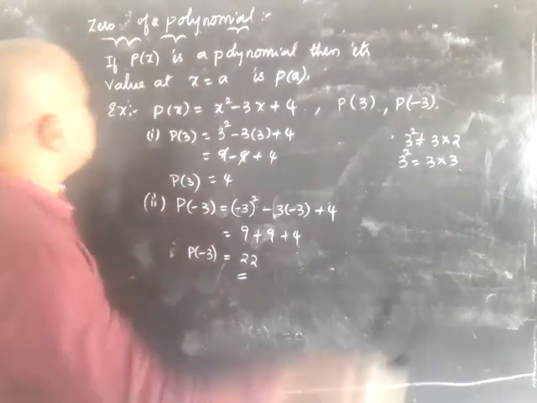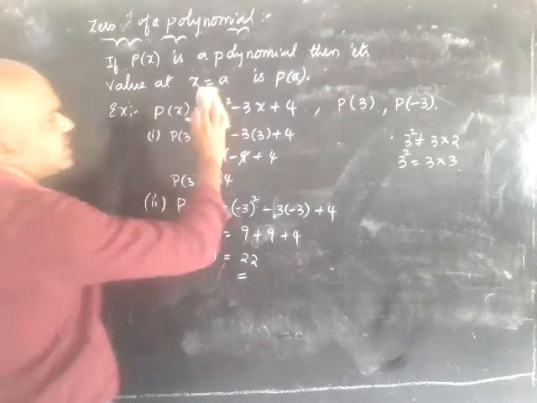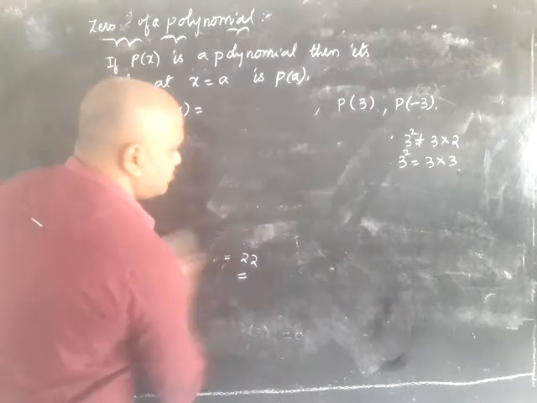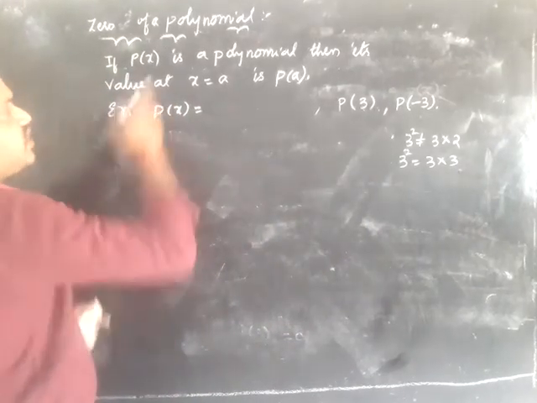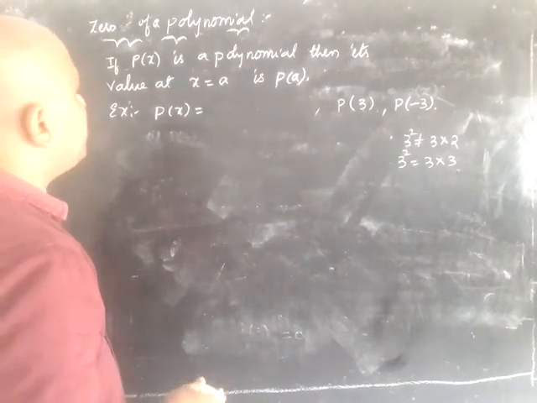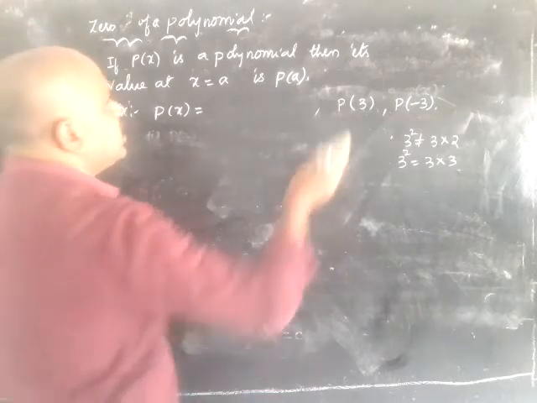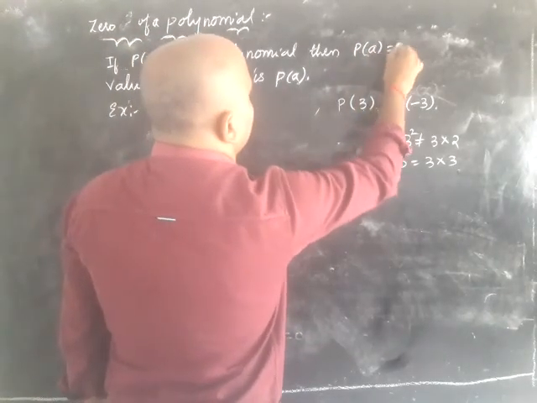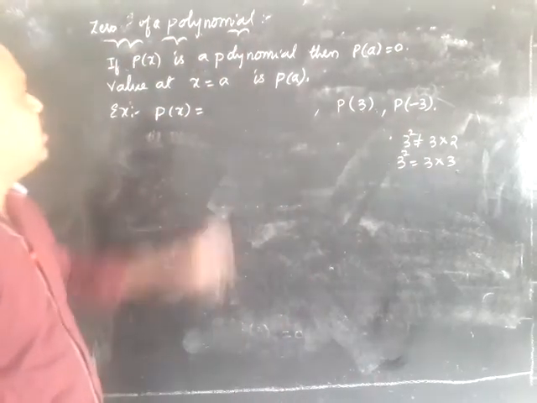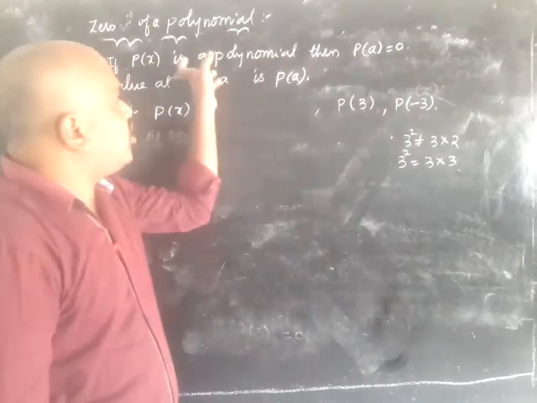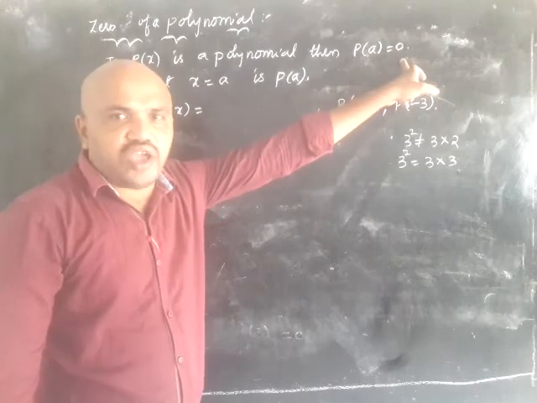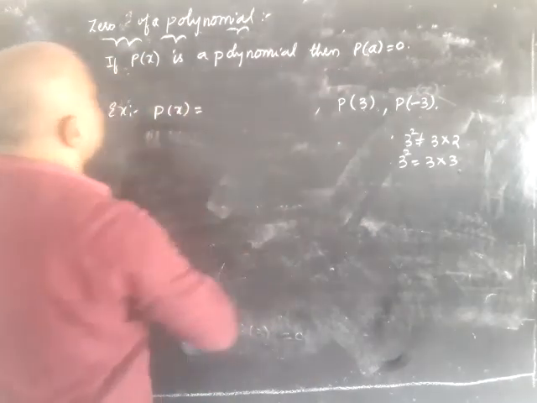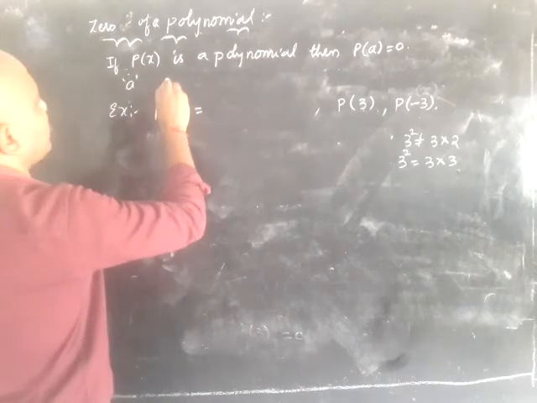Now see this example. The definition of a zero of a polynomial: if p of x is a polynomial and p of a is equal to 0, that is, the polynomial at x equal to a is 0, then we call a a zero of the polynomial.